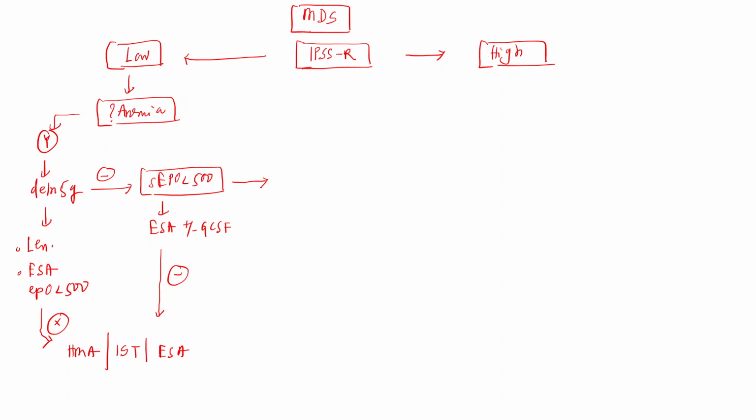Then if the EPO levels are normal, you see whether there is any component of ring sideroblast. If it is there, then you can use luspatercept.